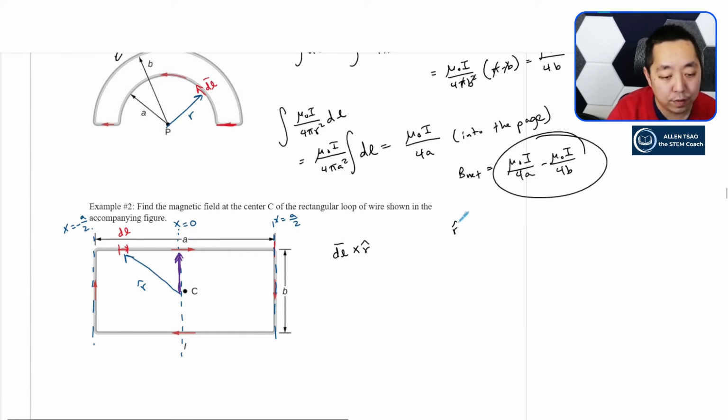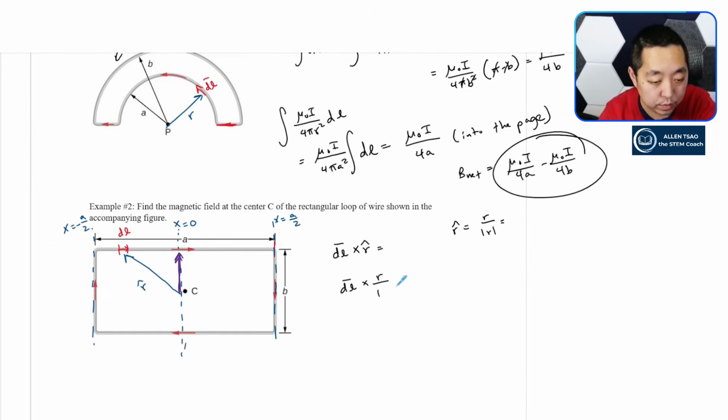So r hat, as defined by vector notation, is r divided by the magnitude. It makes it unit length, right? So in this case, the r is pointing this way, and when I cross it, all I care about is the component that is perpendicular here, right? So this is dL crossed with r over the magnitude of r.